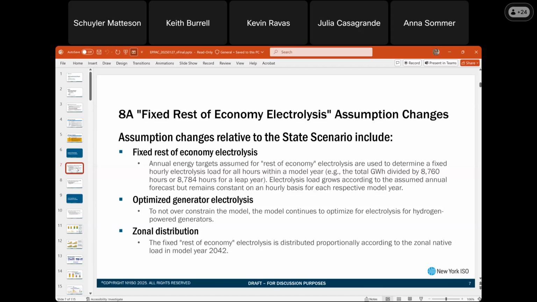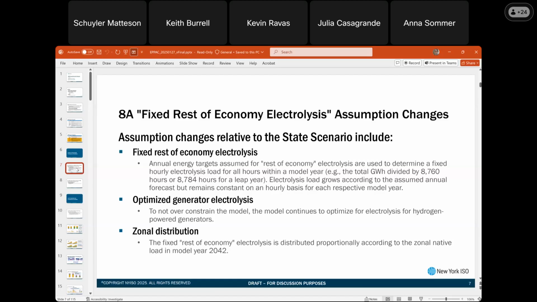And we allowed the model to optimize when that electrolysis load was served. So as long as the annual electrolysis amount hit the specified target, the model could choose when to serve that electrolysis load. And what we've changed in this sensitivity 8 here is we're actually fixing that amount.